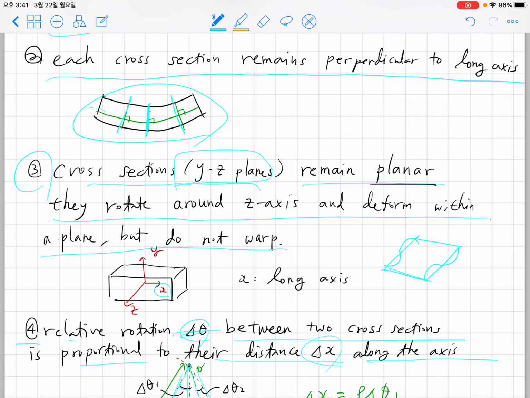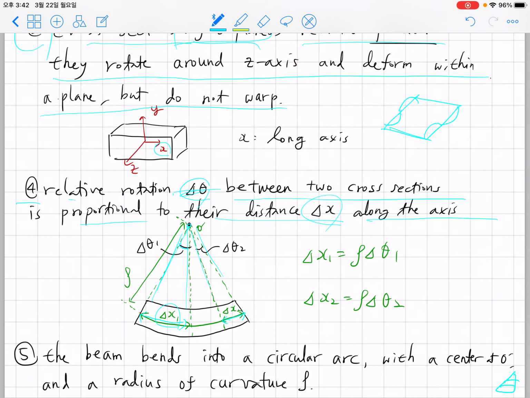Actually, under pure bending of a prismatic symmetric member, whatever perpendicular cross section you take after bending, their extensions would meet at one point. This is the observation of pure bending, which is stated in the fifth sentence. The beam bends into a circular arc with a center at O prime and a radius of curvature rho.